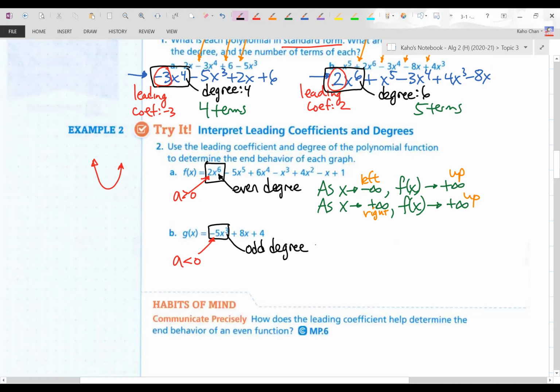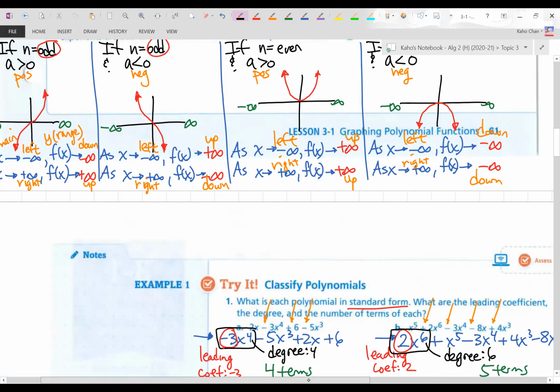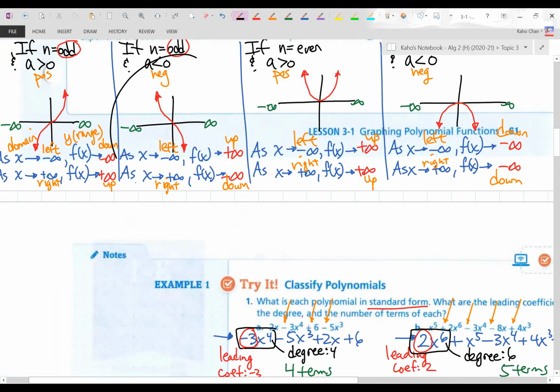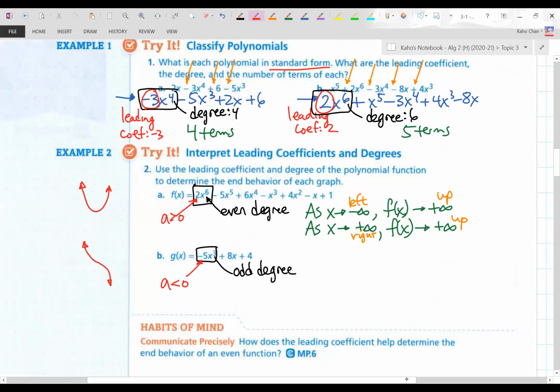So we have negative and odd. If you scooch on back up to the previous page, odd and negative is the 2nd scenario. So my graph looks like it's that particular type. So I'll do that. This is kind of a great way to remind me what's going on there. And I'm going to go ahead and use the end behavior notation.